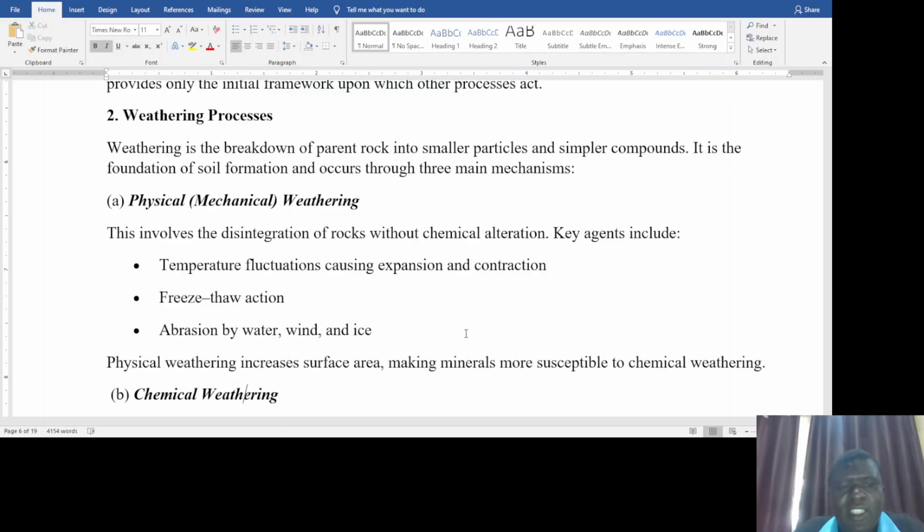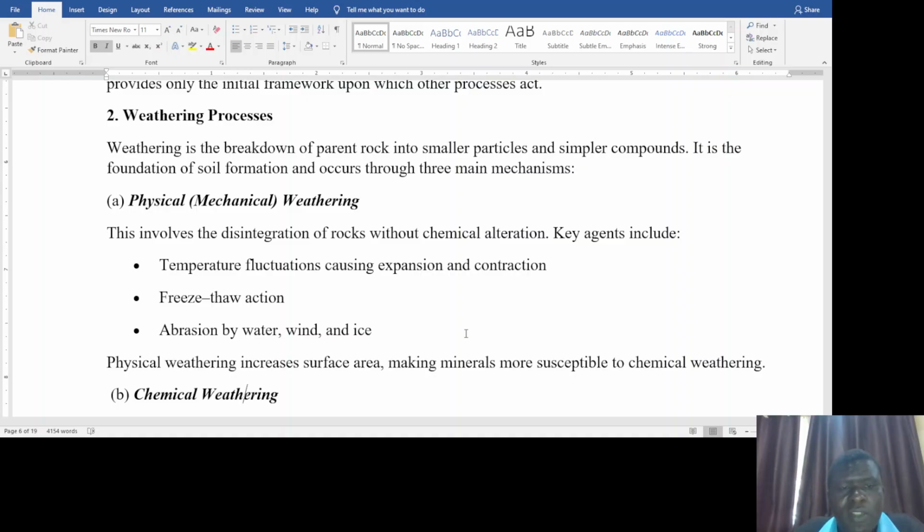The key agents include temperature fluctuations, which cause alternate expansion and contraction of the parent rock and already broken particles leading to further breakdown and size reduction, which leads to soil formation.